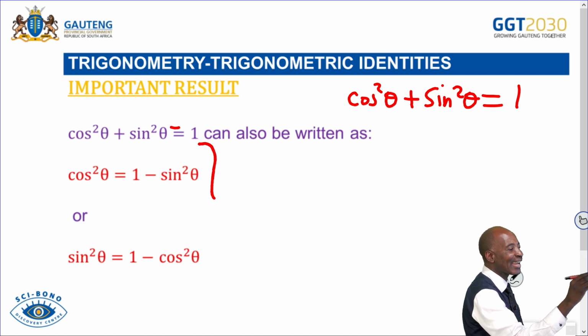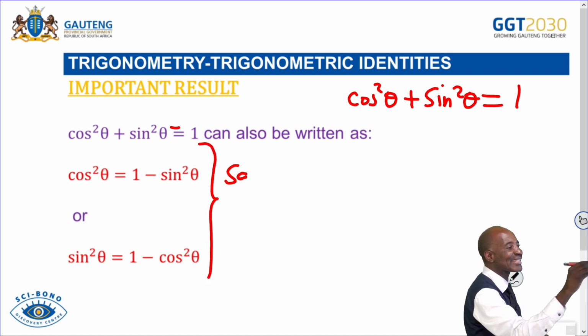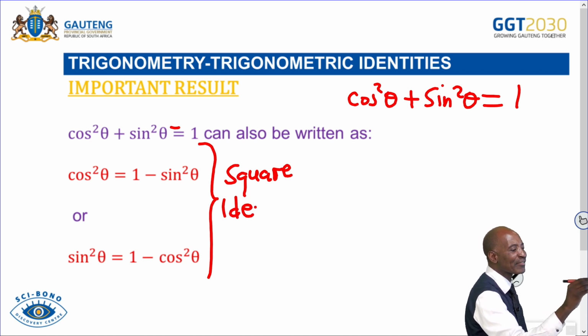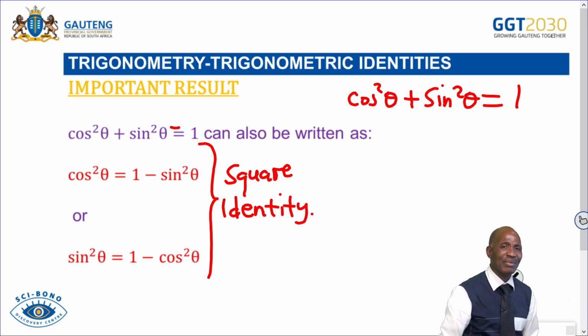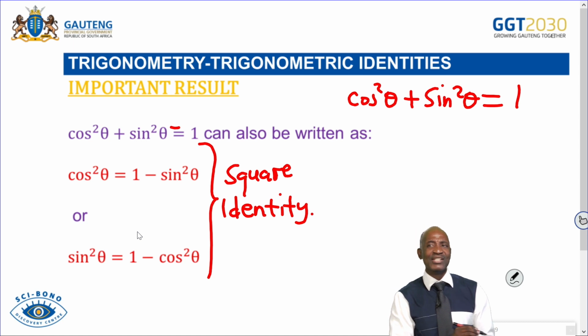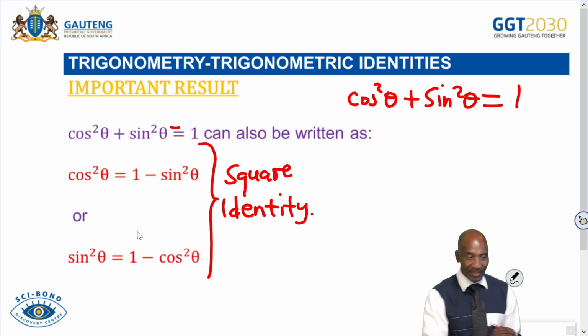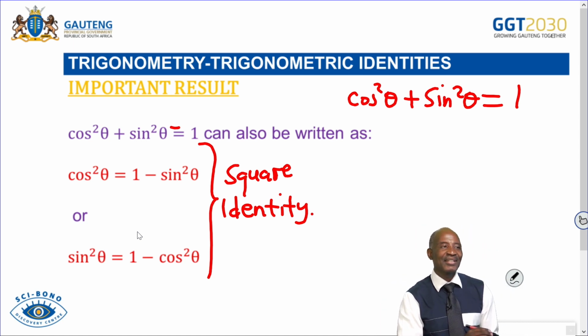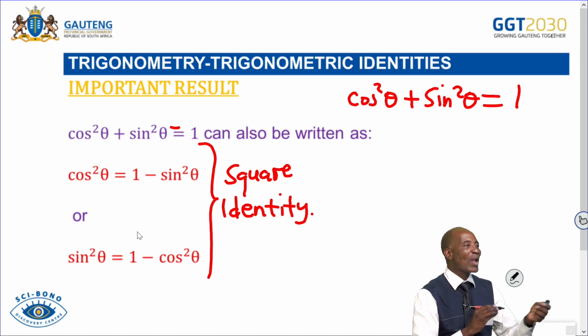We call it a square identity. We now want to explain why we call it a square identity. Most people will refer to this one as a square identity. Do we perhaps have a reason why we call this identity a square identity?